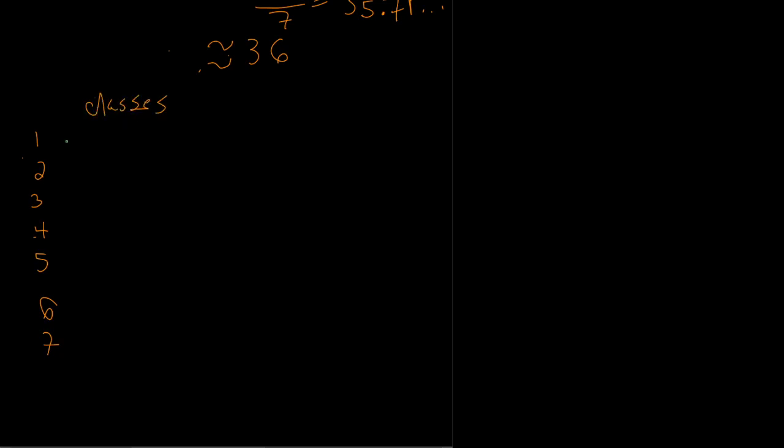I'll start with my lowest class at 155, because that's my minimum piece of data. And what I'm going to do is add 36 to 155, which gives me 191. I'll add 36 to 191, I get 227. And I add 36 to 227, I get 263.